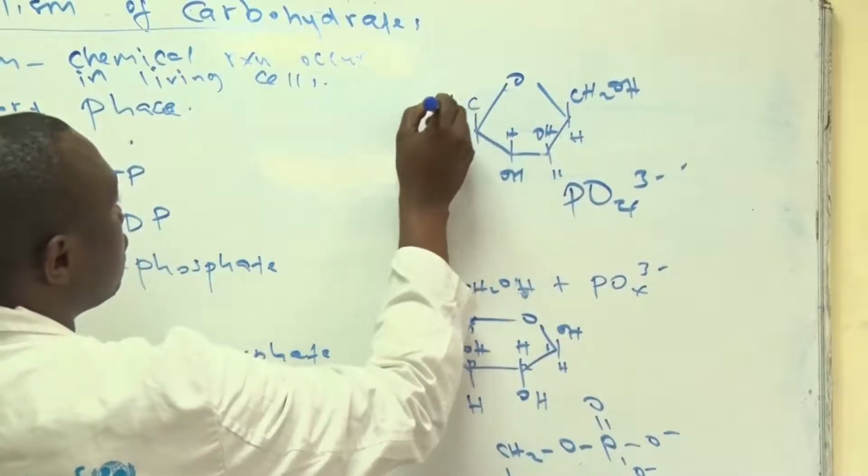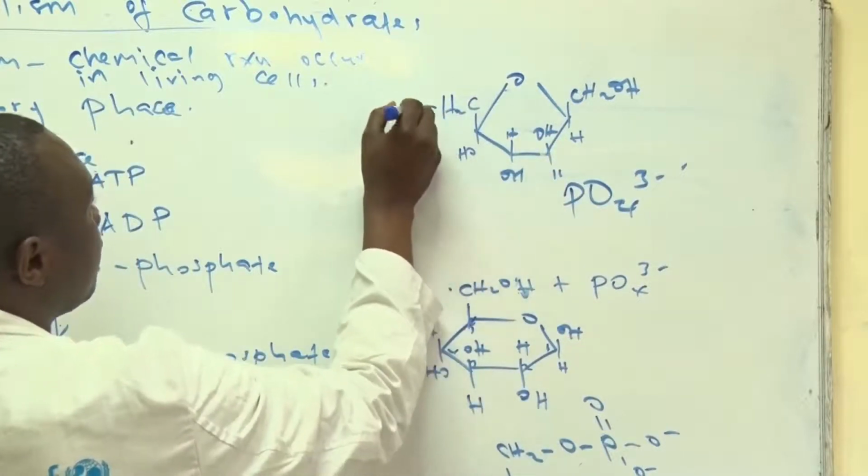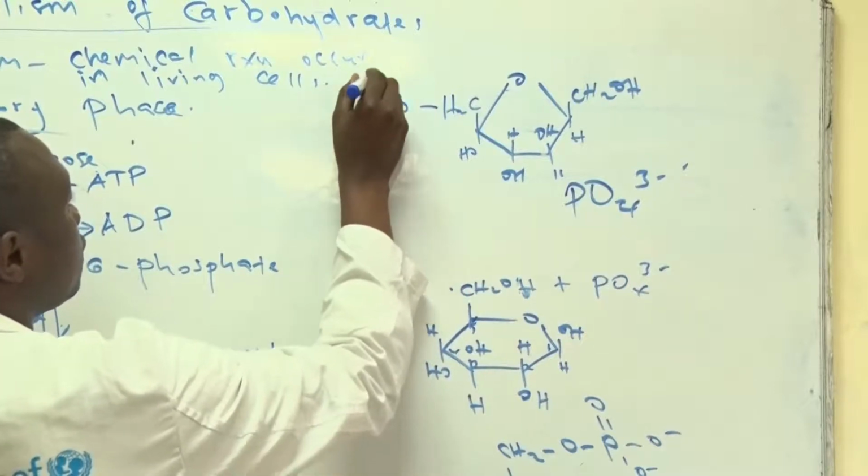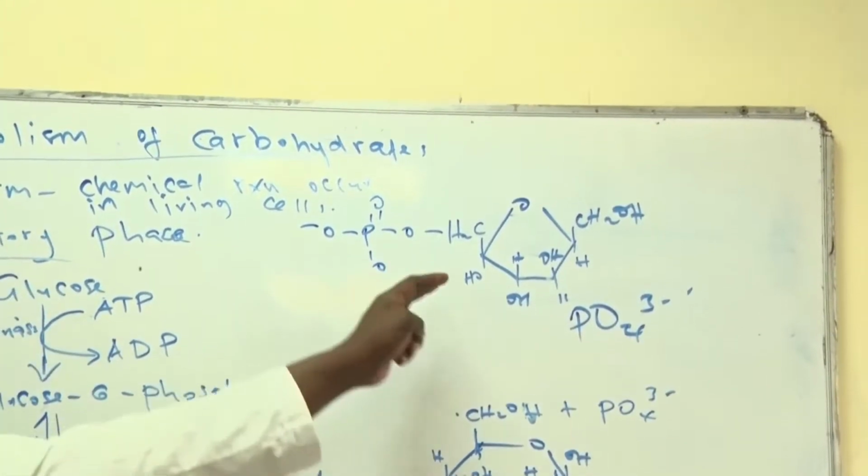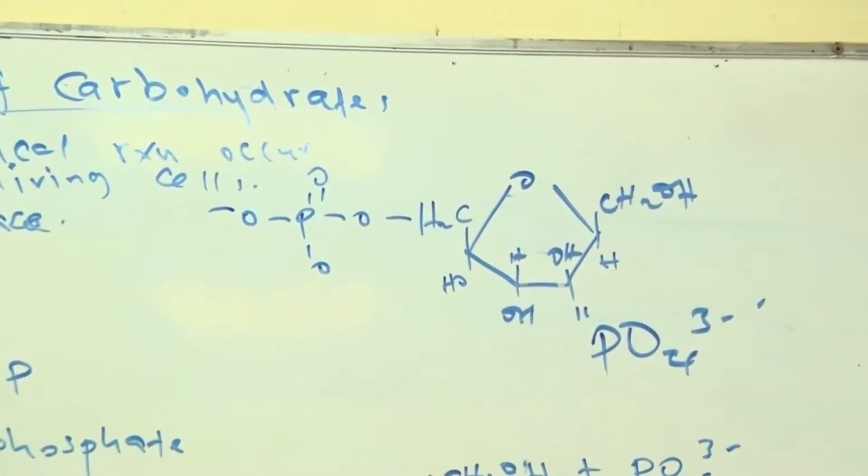So our phosphate will be there. Okay? So we call this one fructose 6-phosphate. This is the one we form here.